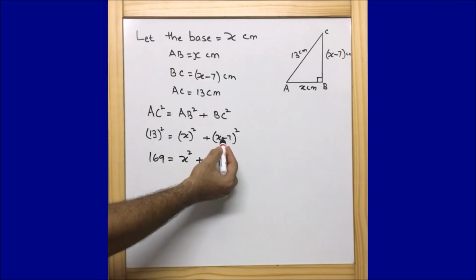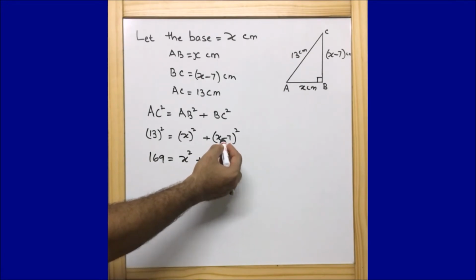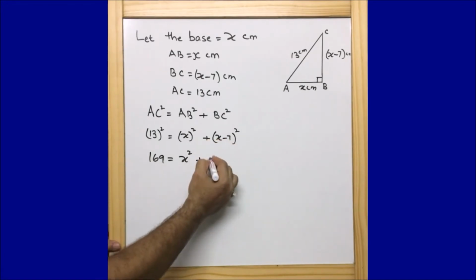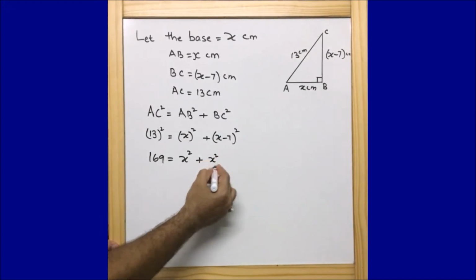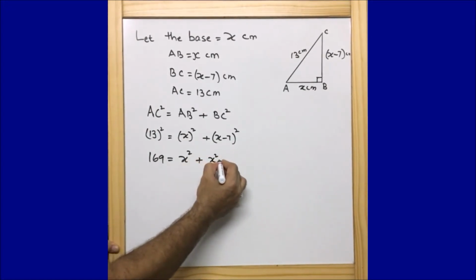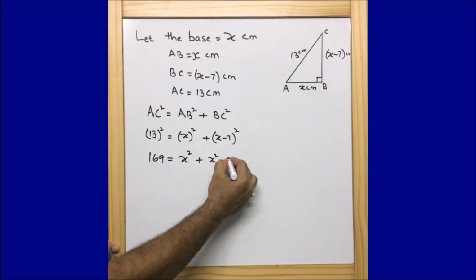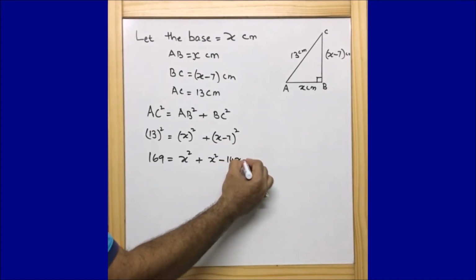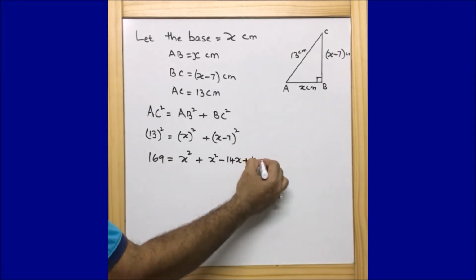We can put the formula and derive this equation. So here a is x, a minus b whole square is a square minus 2ab, that means 2 into x into 7 is 14x, plus b square, that is 49.